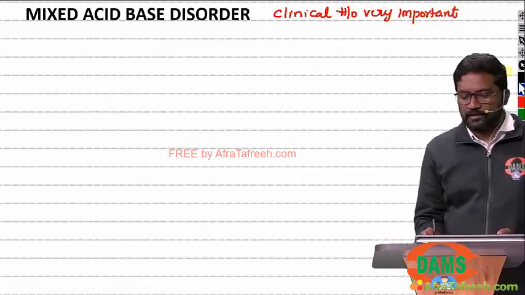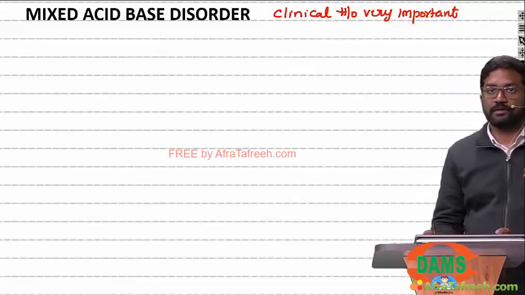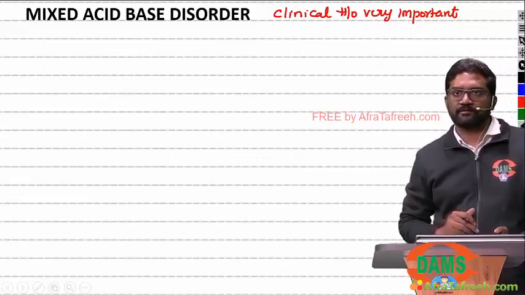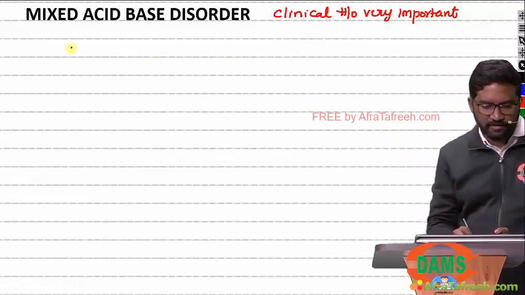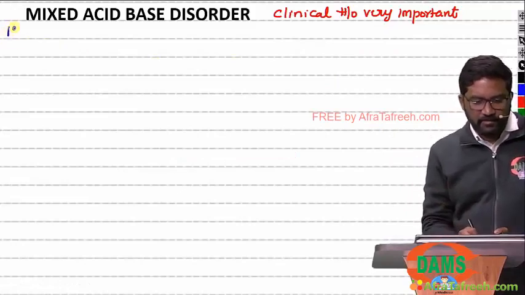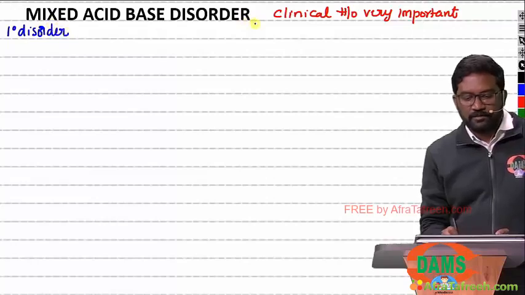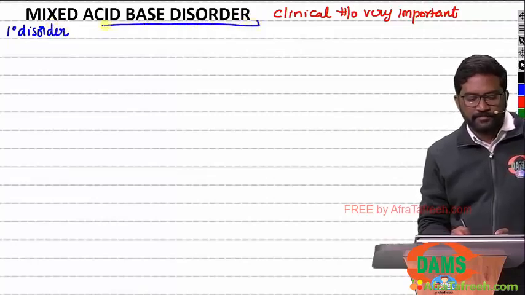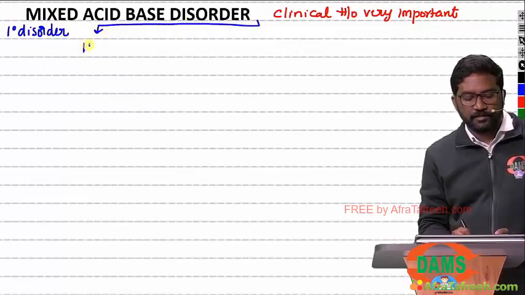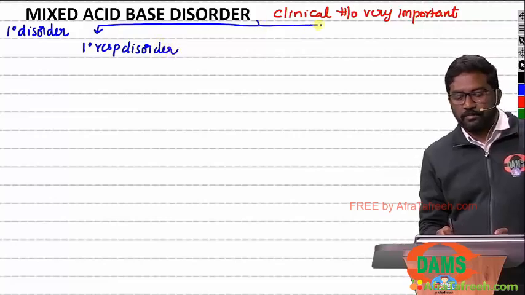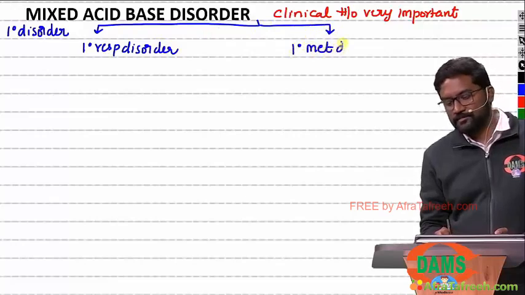For your convenience, I am rewriting the ABG algorithm. After identifying it as acidosis or alkalosis, you have to identify the primary disorder. It can be either a primary respiratory disorder or a primary metabolic disorder.